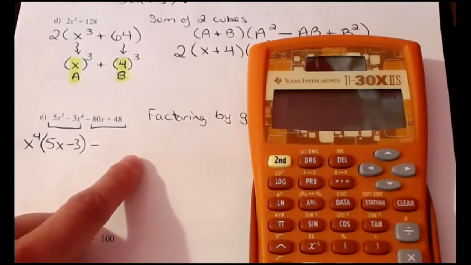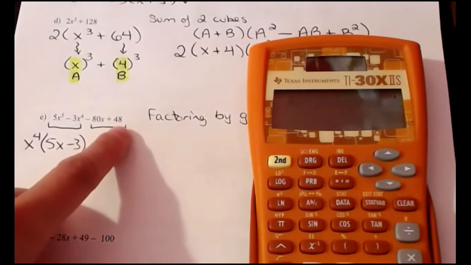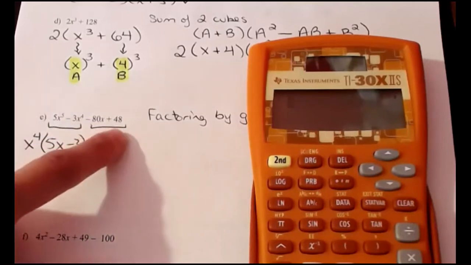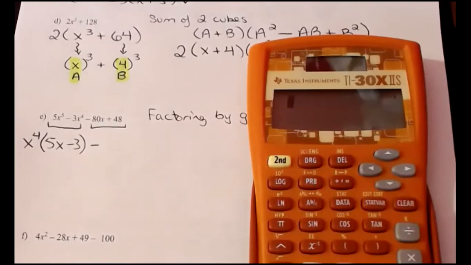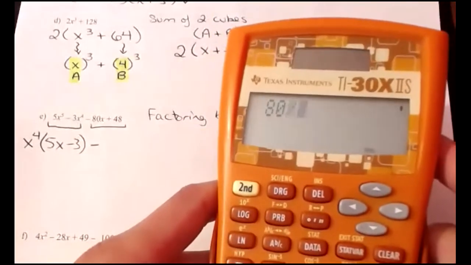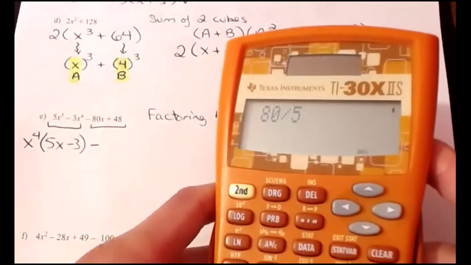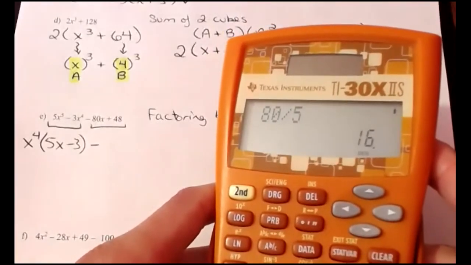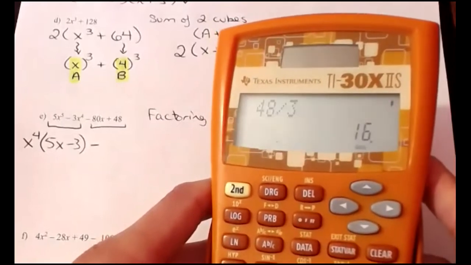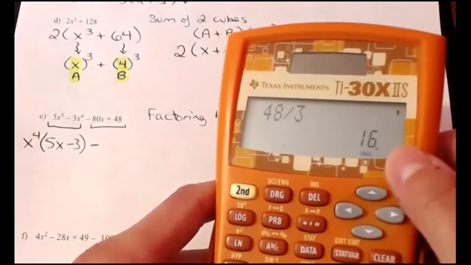So what that means to me is that I can take a number out of each such that I'll be left with a 5 when I divide 80 by it, and I'll be left with a 3 when I divide 48 by it. So immediately, if I want to figure that out, I'm just going to take 80 and divide it by 5. Oh, I get 16. I'm going to take 48 and divide it by 3. I get 16. I just figured out my GCF.